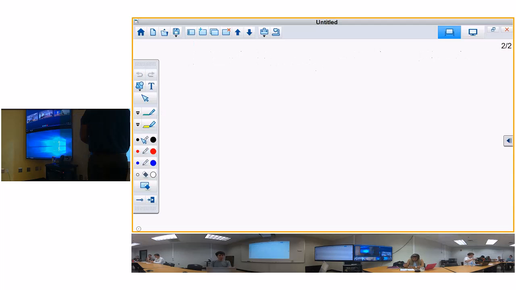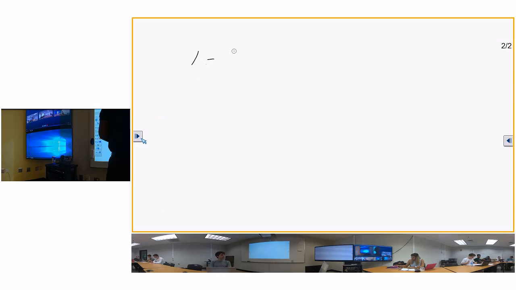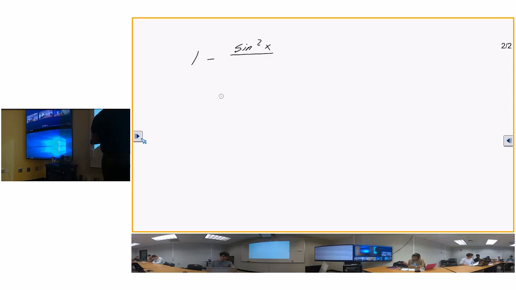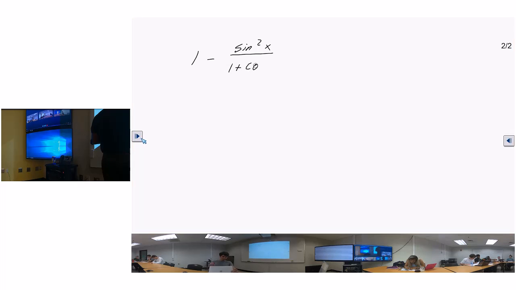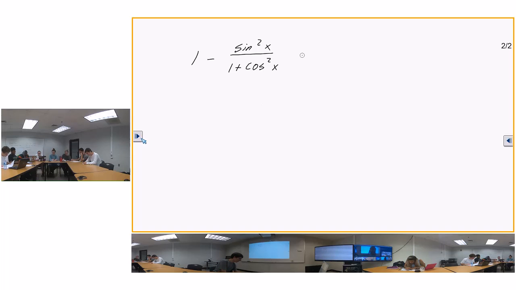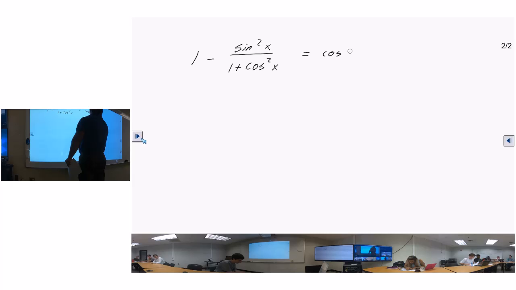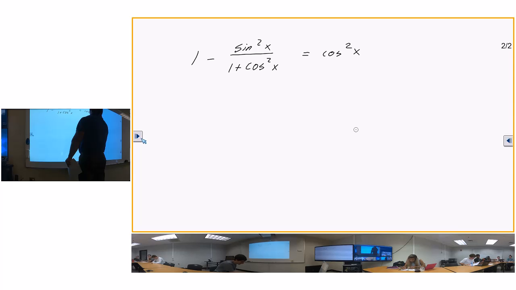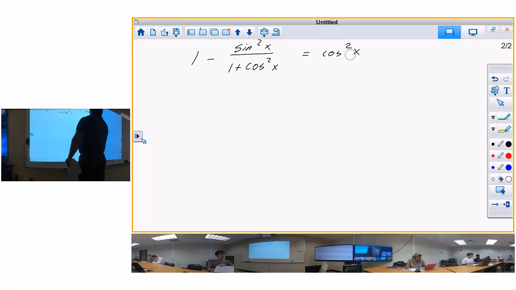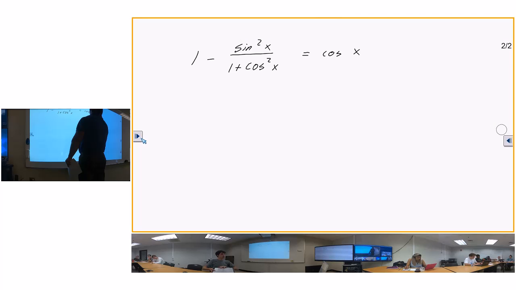Okay, so I think we left off with one like this: 1 minus sine squared x over 1 plus cosine squared x equal to cosine squared x, or cosine of x. I think we may have done it, and if that's the case, then we'll do it again.